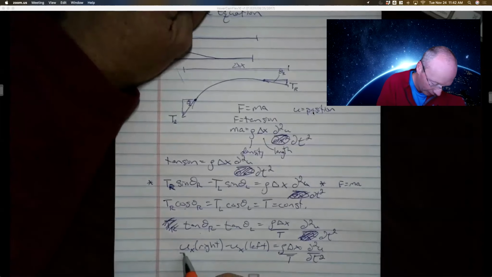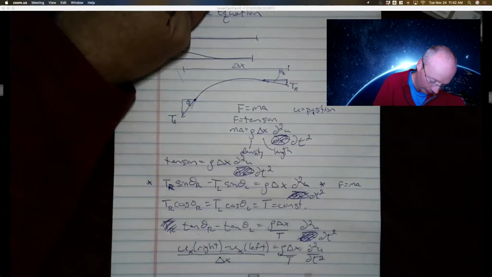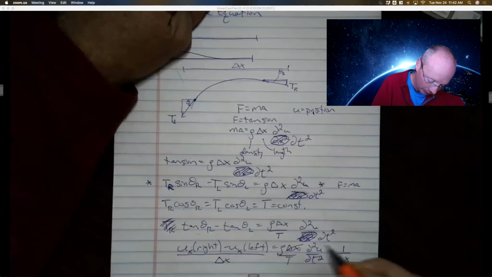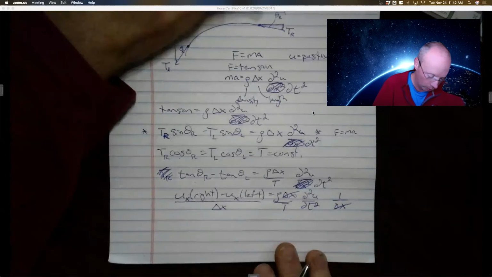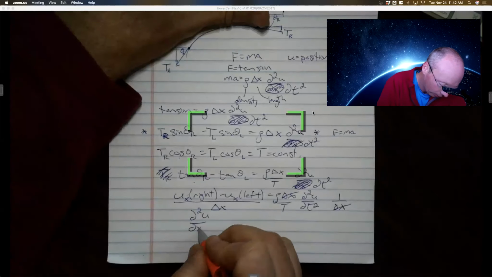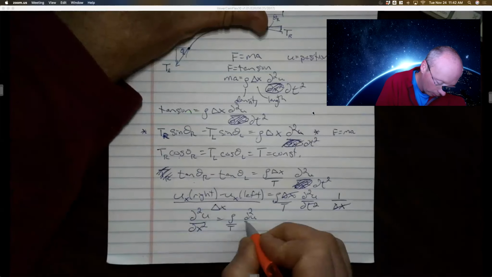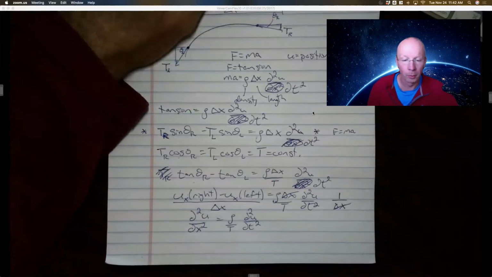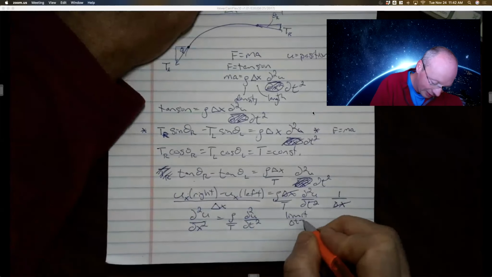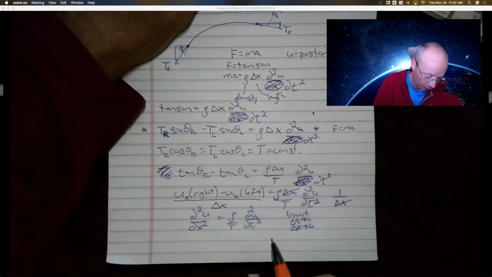So I divide that through by a delta x, and comparably divide the other side by a delta x, getting a cancellation there. In the limit as delta t heads to 0 and as delta x heads to 0, I actually get a differential equation.